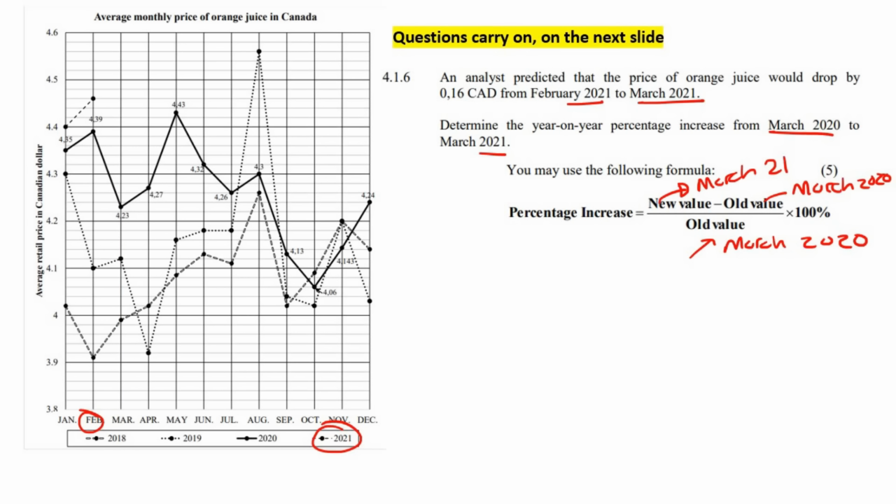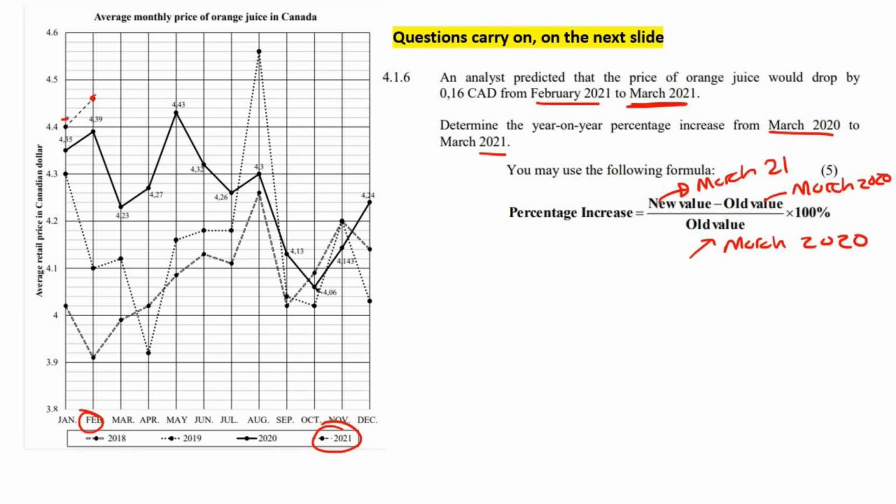However, we can use what the analyst said. The analyst said that from February 2021, which is here, at a price of, okay, we don't know the price, but we can read it off. So this is where February 2021 is. The analyst said that it will go down by 0.16 to become March 2021. So we need to read off this value first. If this is 4.4 and this is 4.5, then each of these is going up by 0.02.